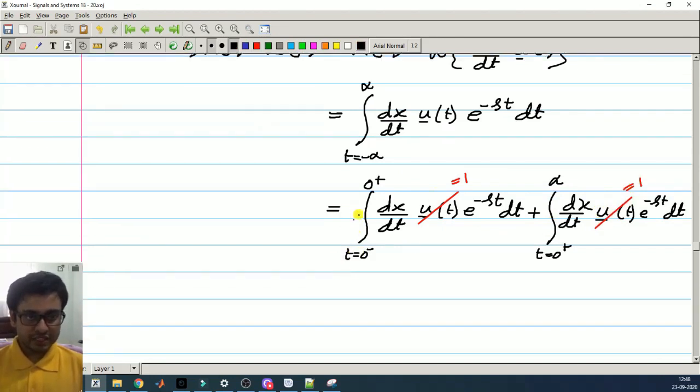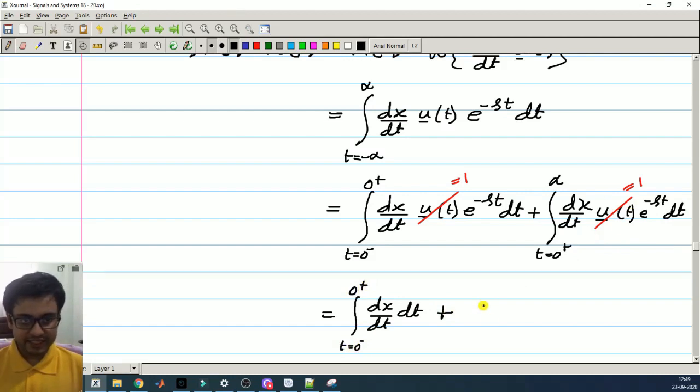So this first integration will become the integration of dx dt, and since t is close to 0, e to the power minus st is e to the power 0, which is 1, so I will have dx dt only, starting from 0 minus to 0 plus, and plus the second integration, dx dt e to the power minus st dt from time 0 plus to infinity.